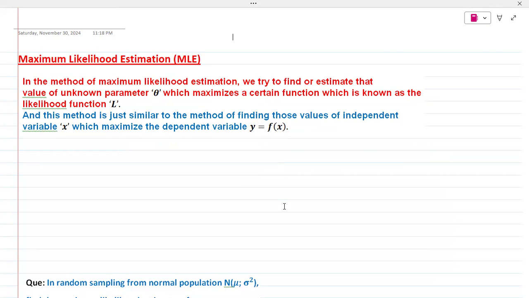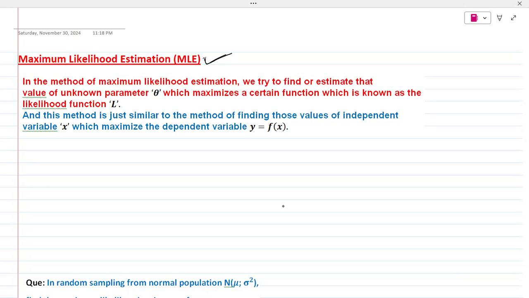So, in this lecture, we will discuss the method of maximum likelihood estimation. This lecture is part of the series on estimation. So far, we have discussed the unbiased estimator, then the consistent estimator, then the most efficient estimator.